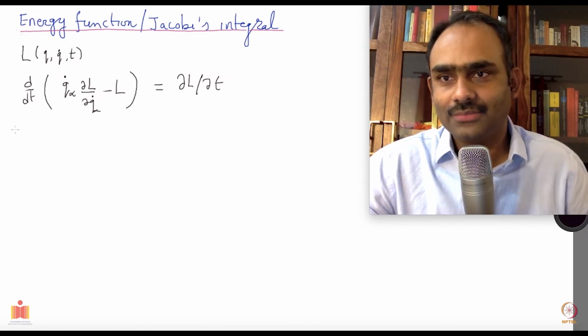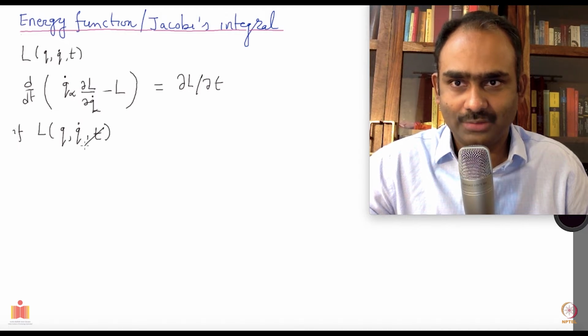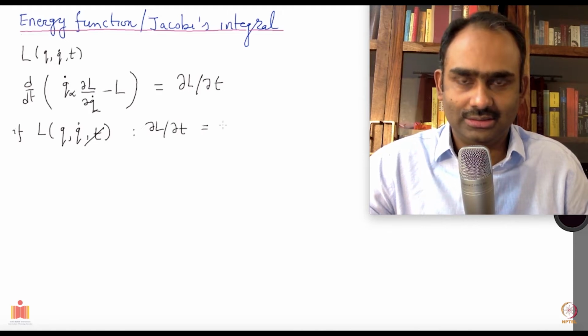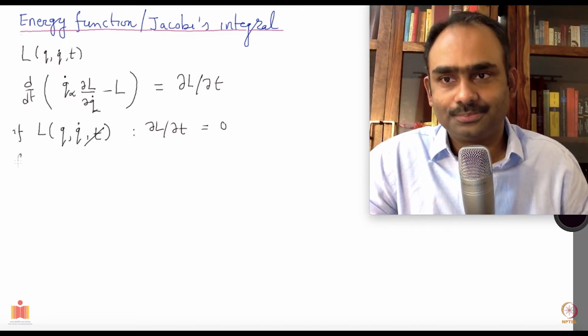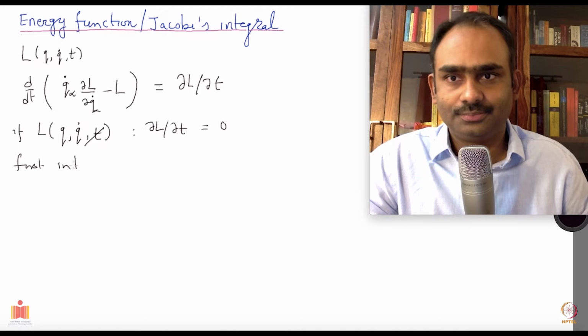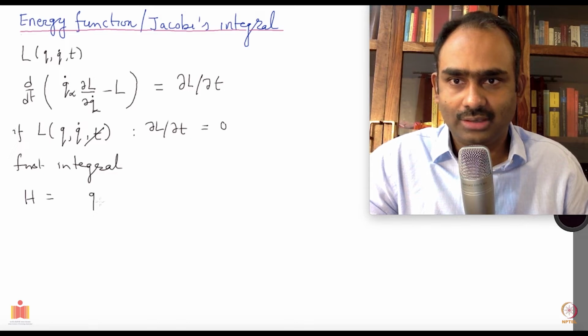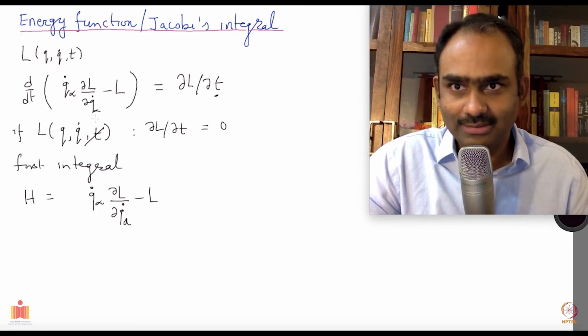Now if the Lagrangian is not a function of t explicitly, which just means that del L over del t is 0, then the first integral of motion, h equals q alpha dot del L over del q alpha dot minus L, is a constant of motion, because the partial derivative is 0 and so the total time derivative of this is 0.